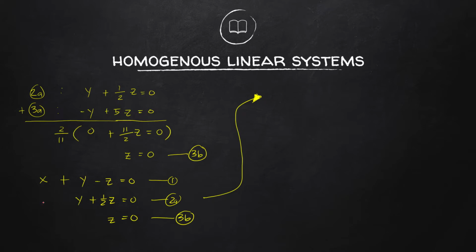Okay, so let me complete these equations. We can have here an invisible term for the second equation, and that would be 0x, an x variable with a coefficient of 0. We can write here again 0x plus 0y plus z.